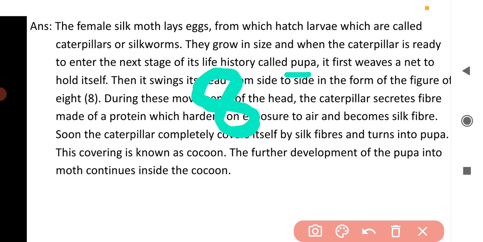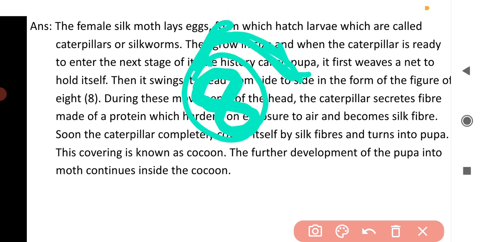During these movements of its head, the silkworm secretes fibers.